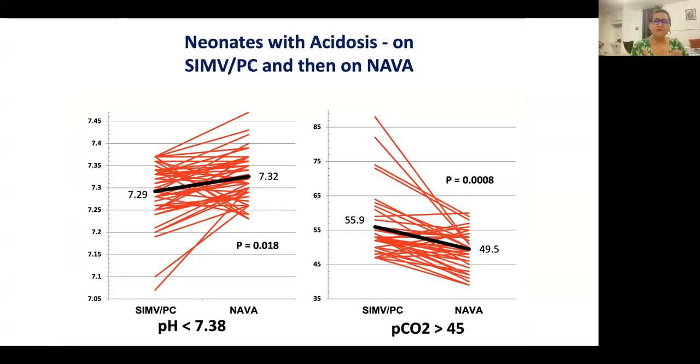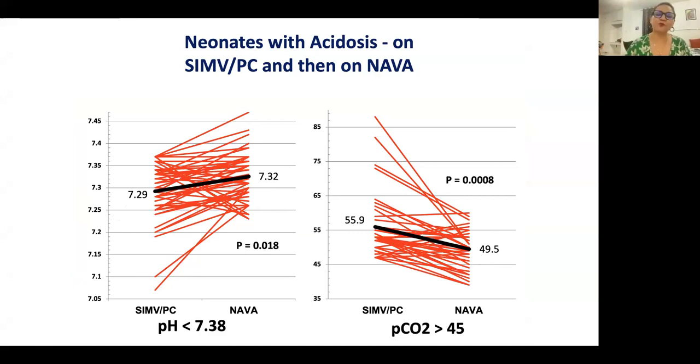Now, if you compare SIMV, pressure control, and NAVA, if a baby is acidotic and you shift from SIMV or pressure control to NAVA, you will find there is a difference. The pH, which was 7.29, has increased to 7.32, and the CO2, which was 55.9, dropped down to 49.5, and it is quite significant.